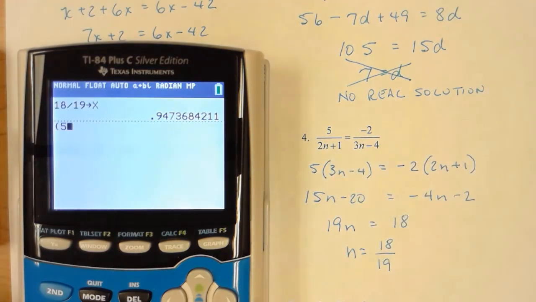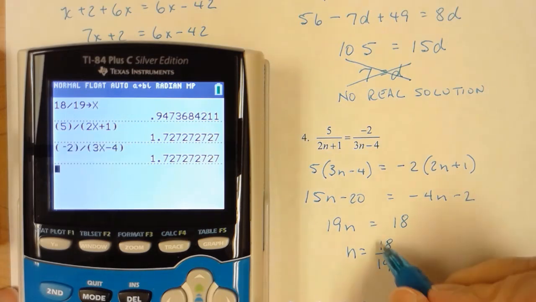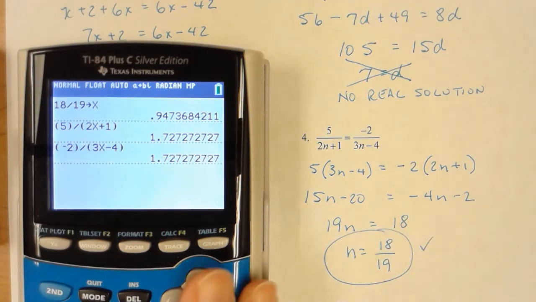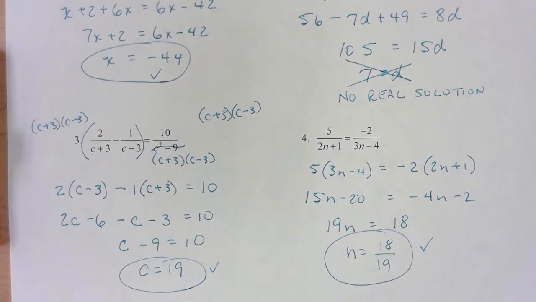So parentheses 5 divided by parentheses 2x plus 1. See what that equals. In parentheses negative 2 divided by parentheses 3x minus 4. That's another go. I'm going to circle, I'm going to check, and that will be it for solving rational equations.